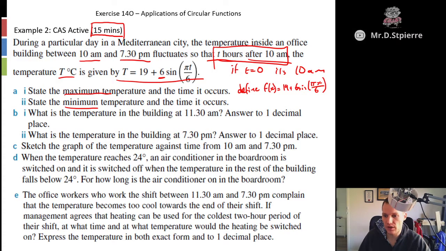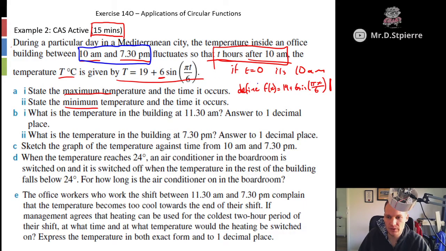Because to graph we need to change the variable to x, and then I would have put given, okay, and we're actually given a domain right there between 10 a.m.